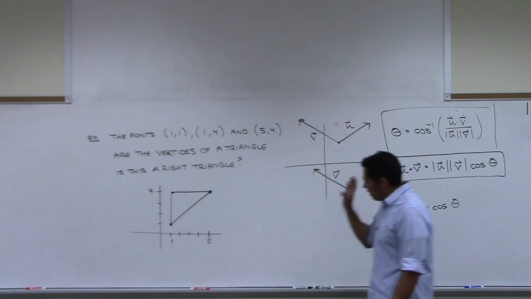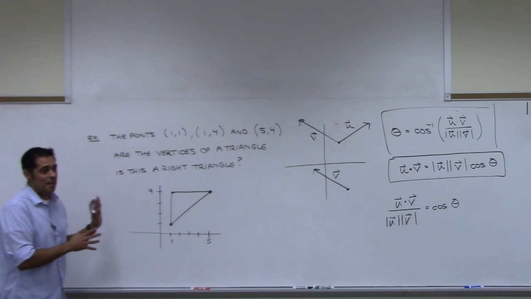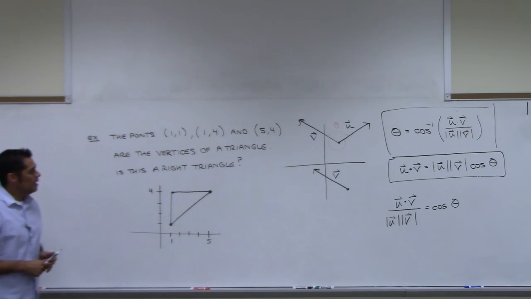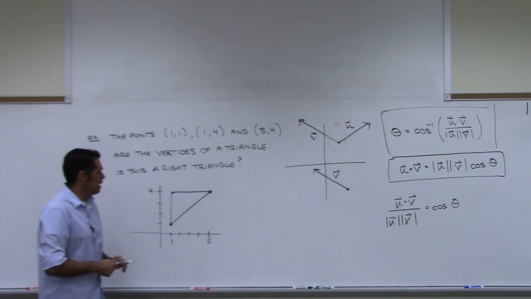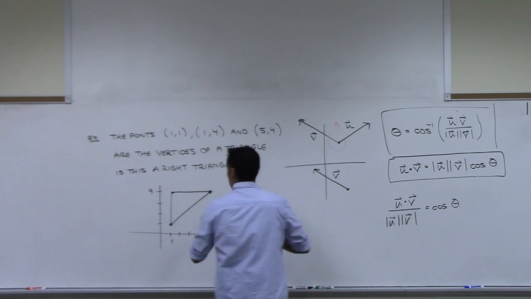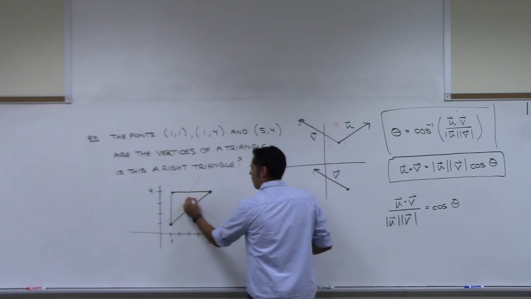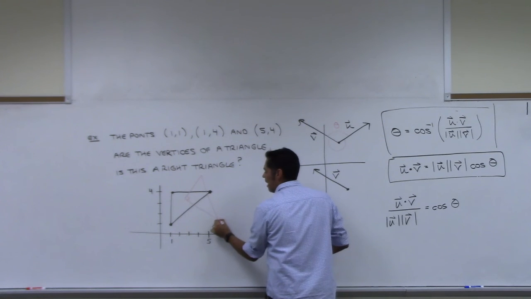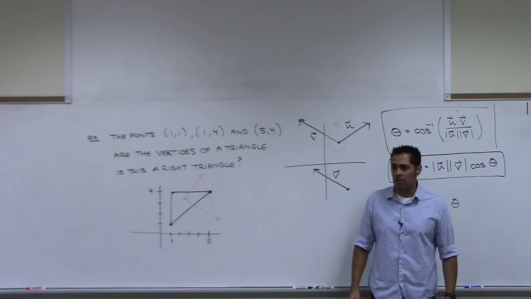But again, because this is the first example, I just wanted us to visually be able to see that it is. If we couldn't tell by this visual, imagine you had a right triangle that was like this. Right? If I just gave you these 3 points, you wouldn't be able to tell me by looking whether or not it was a right triangle.